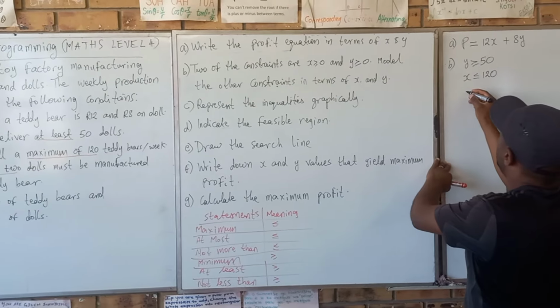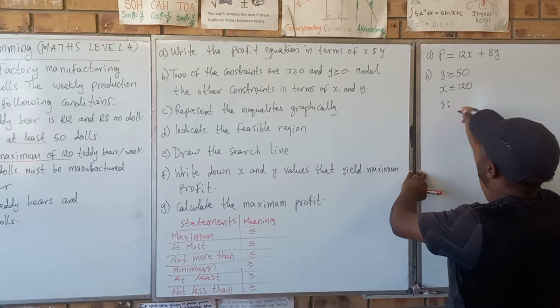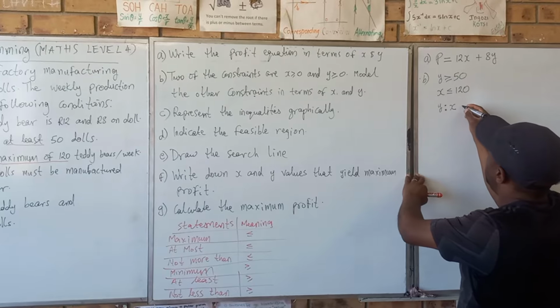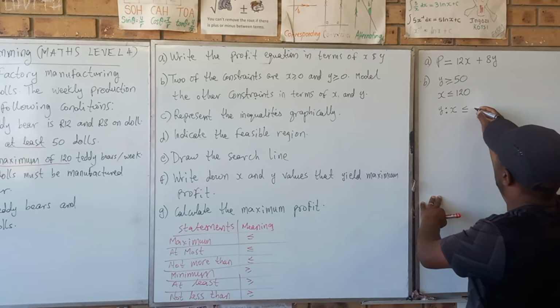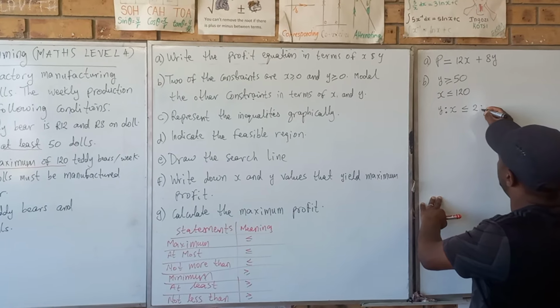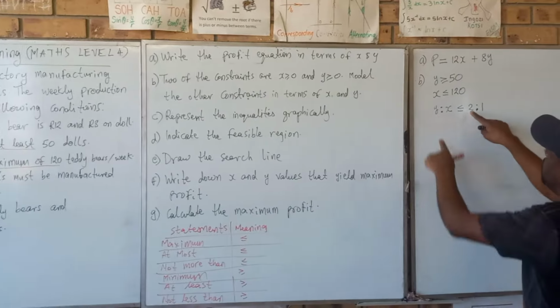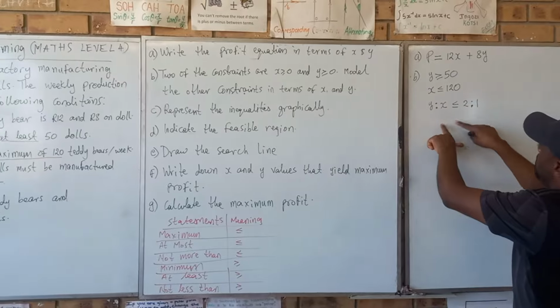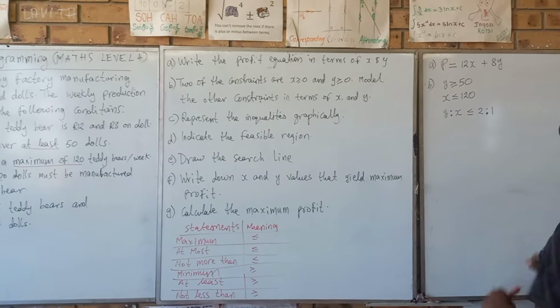So I'll start by saying the ratio of dolls, Y stands for doll, to teddy bear. It's a maximum. We've got the keyword there, maximum, which is less than or equal to. It's the same thing as saying a maximum of 2 dolls, so Y goes for 2, is manufactured for each teddy bear, X goes for a teddy bear.